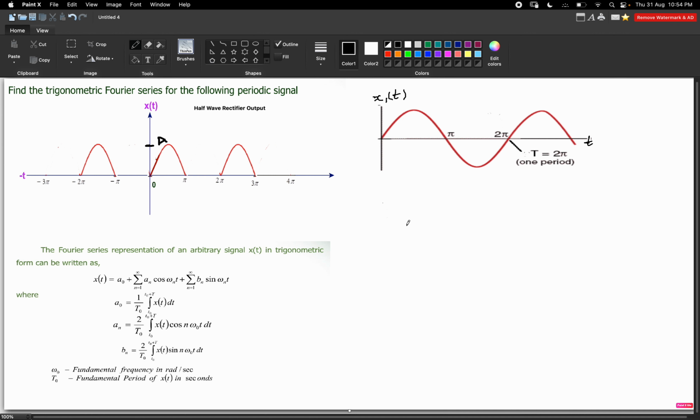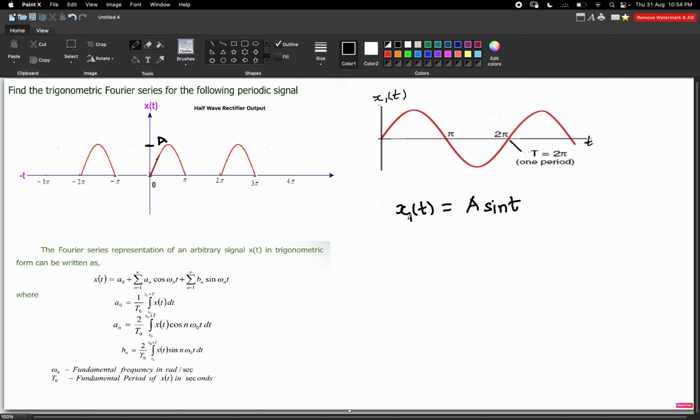So before finding x of t, we are just finding x1 of t, since this portion resembles the sinusoidal waveform. Okay, so we already calculated x1 of t. The same x1 of t we are using. x1 of t equal to a sin t. This is what we calculated.